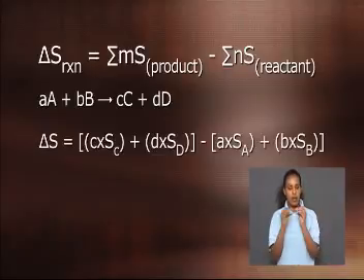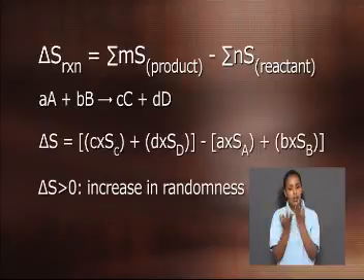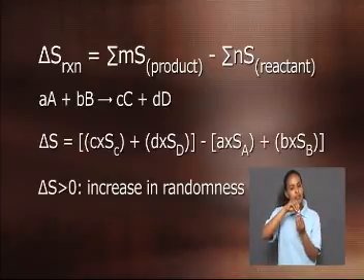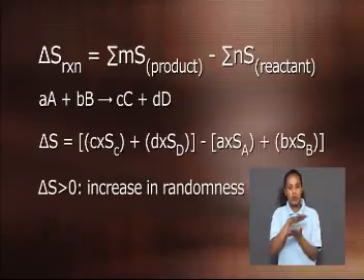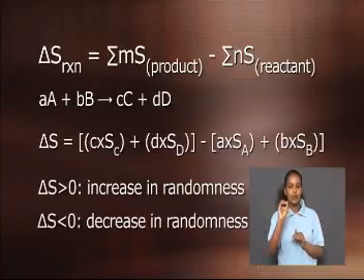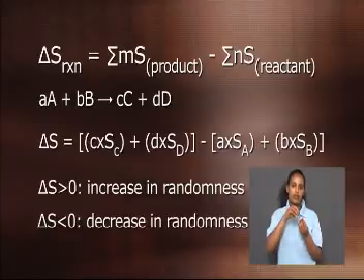After you have calculated the equation, if the change in entropy is greater than 0, then there has been an increase in randomness or an increase in disorder. If the change in entropy is less than 0, then there has been a decrease in randomness or an increase in order.